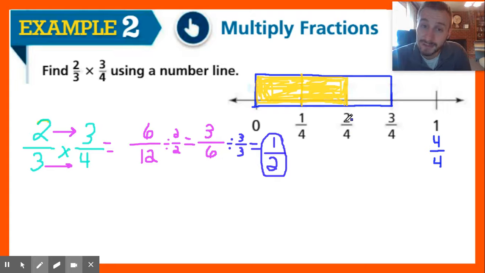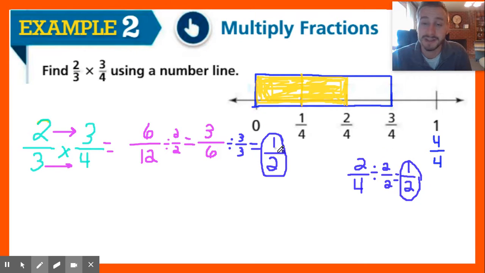2/4 can be simplified. What number goes into both 2 and 4? 2 goes into 2, right? Does 2 go into 4? Yes, it does. So we can simplify 2/4 to be 2 divided by 2 is 1. 4 divided by 2 is 2.